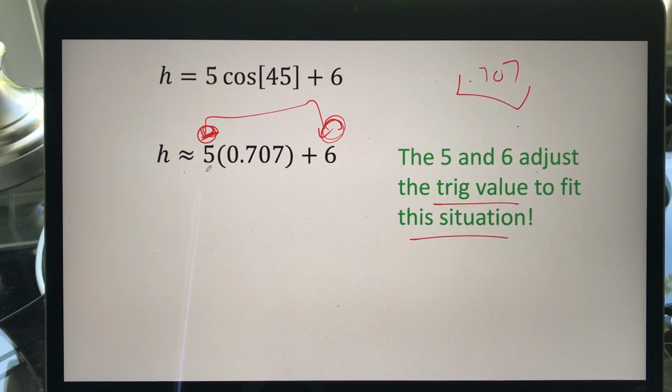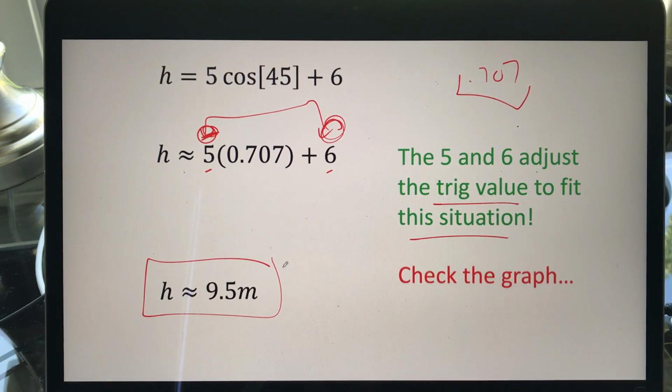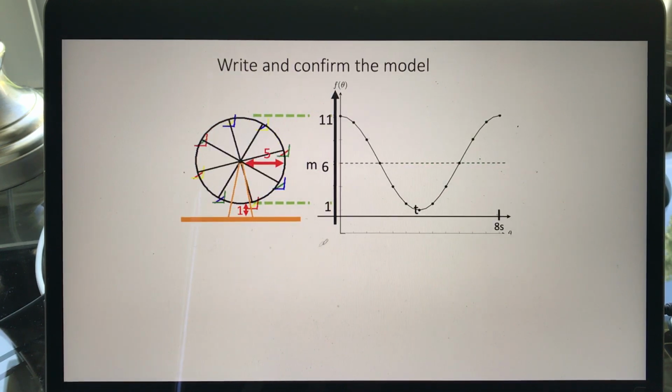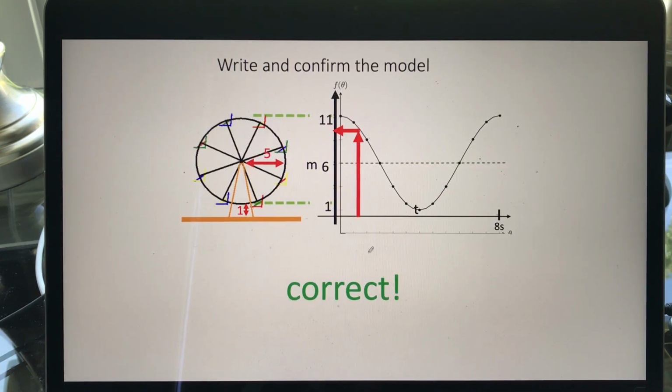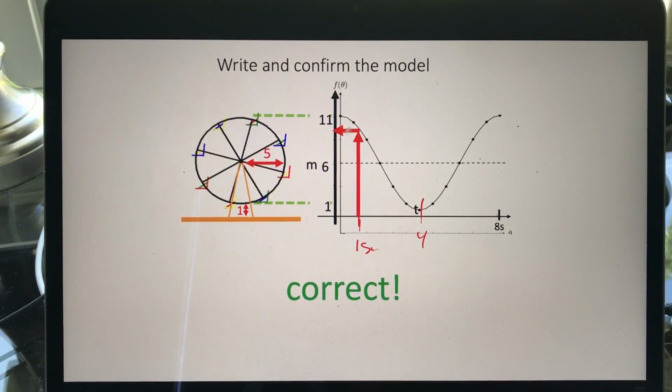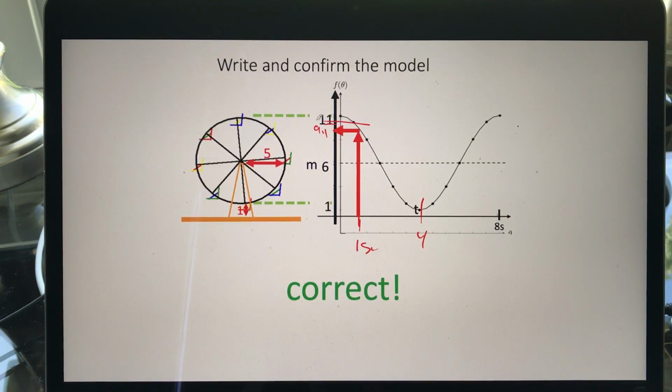Remember, the basic case doesn't have an amplitude or a midline. This one does. So I take my 0.707, multiply it by 5, and then I add 6, and I get 9.5. And if I go back and check the graph, at 1 second, here's my 1 second here, right? Remember, that was 4. I'm at 9.5. I think I said 10 before, but yeah, around 9.5. So that's it. So it's kind of close. So it gives us the exact value.